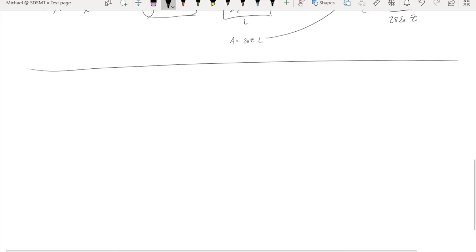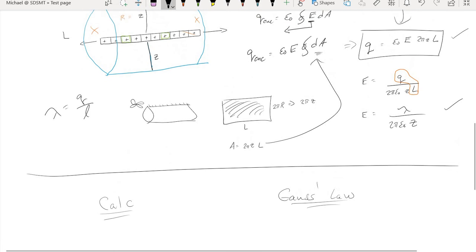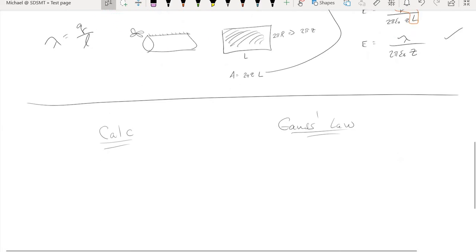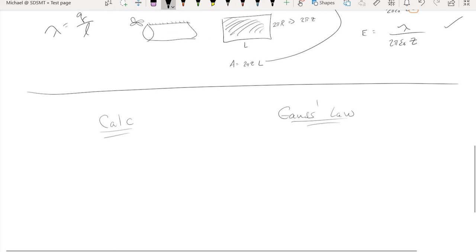And we now have a choice of using some very complex calculus and integration to set up the math to solve for the electric fields, or we can use Gauss's law to set up the math and solve for the electric field. And typically Gauss's law by far is going to be the easier approach.